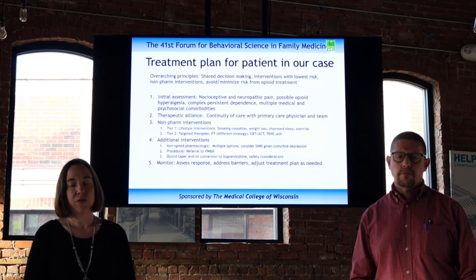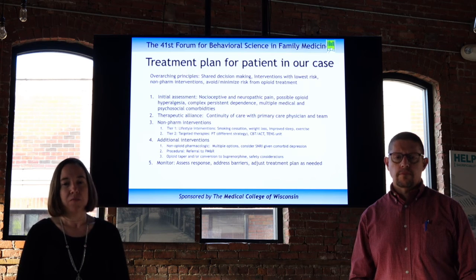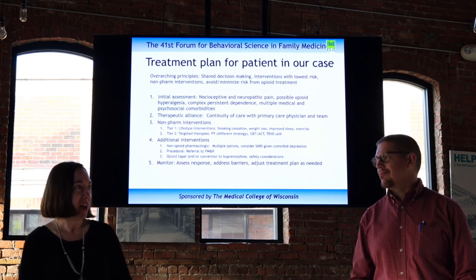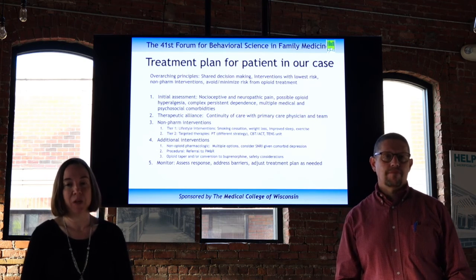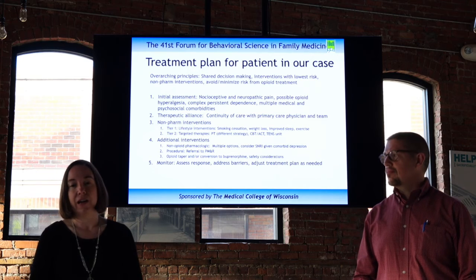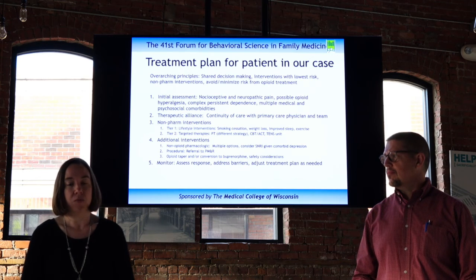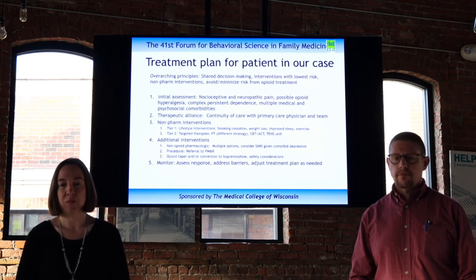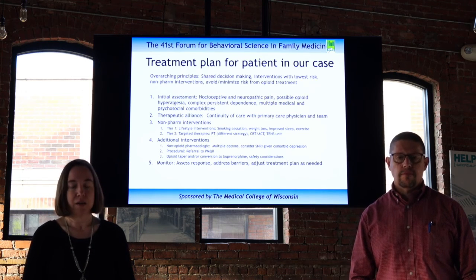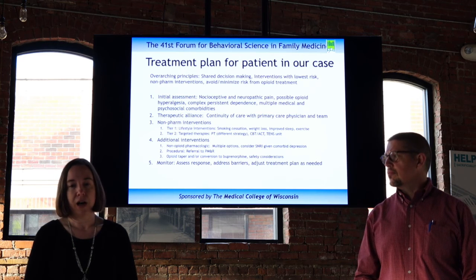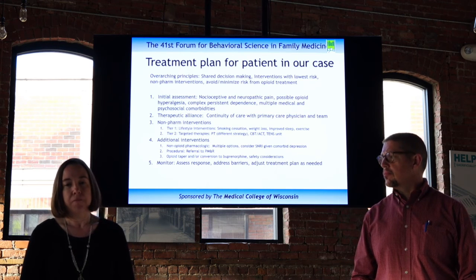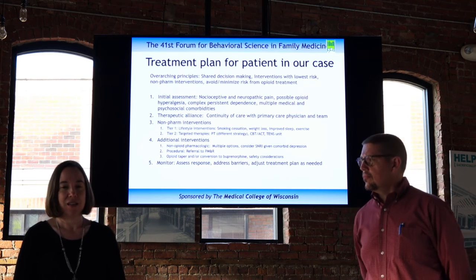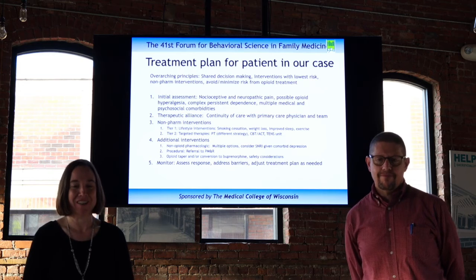And then other interventions to consider: pharmacologic, non-opioid. We certainly want to run through the table of all the options there. And he has some comorbidities where an SNRI or another option might be really helpful. And procedural interventions. It may be worth having him get established with PM&R again and see if there are other options that we could offer him. And then getting to the opioids, which is certainly, I think, the most stress-inducing part of this case.